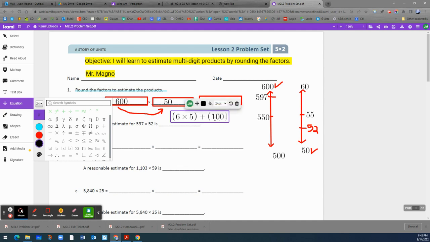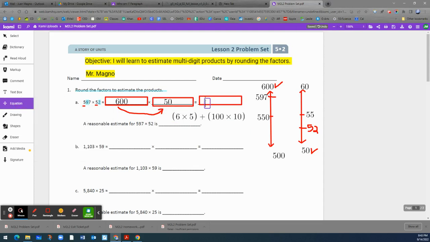So that's going to be 100 times the 1 0 here, which is a 10. What does that do? Well, 6 times 5 equals 30. So you will write 30 as part of the product. And now 100 times 10 will be 1,000. There is 1 already in place. So all we got to do is add 1, 2, 3. That means that 30 was multiplied by 1,000, or it was multiplied by 10 to the power of 3.